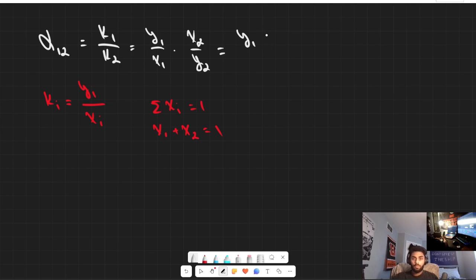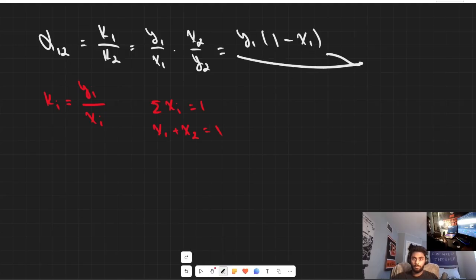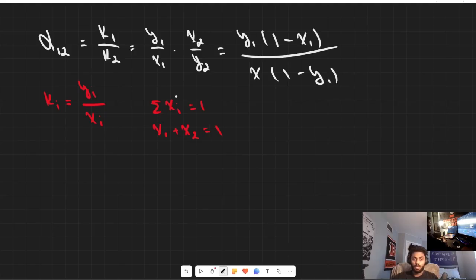So we can write out something like, 1 minus x1 equals x2, and then all this over x1 times 1 minus y1, because this same postulate also exists for the vapor phase as well.